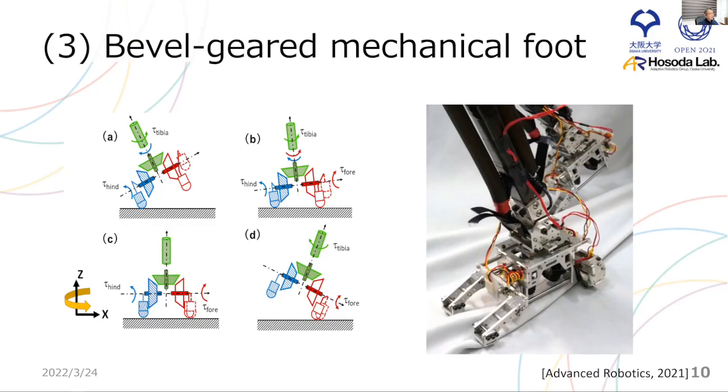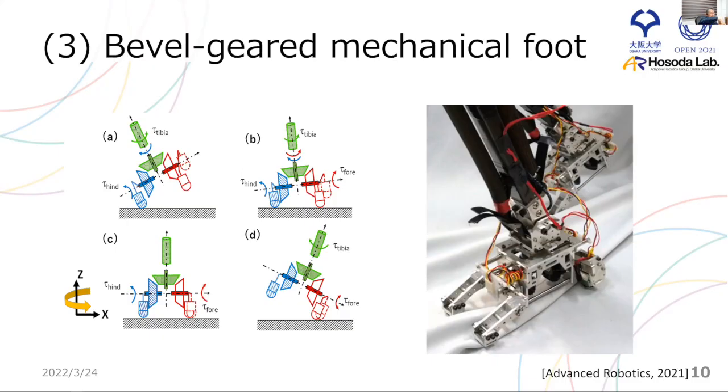As a result, it generates a natural motion to twist the tibia when the robot touches with this heel. Then afterward, if the forefoot touches, it acts as a supporting structure for the body. So the robot stops generating the yaw moment.